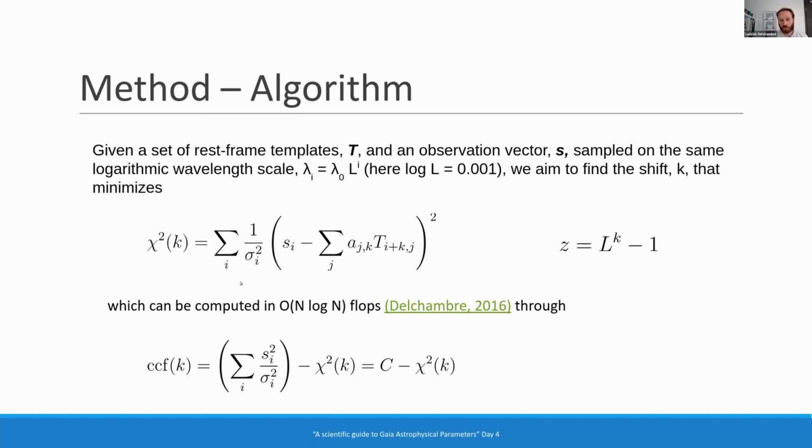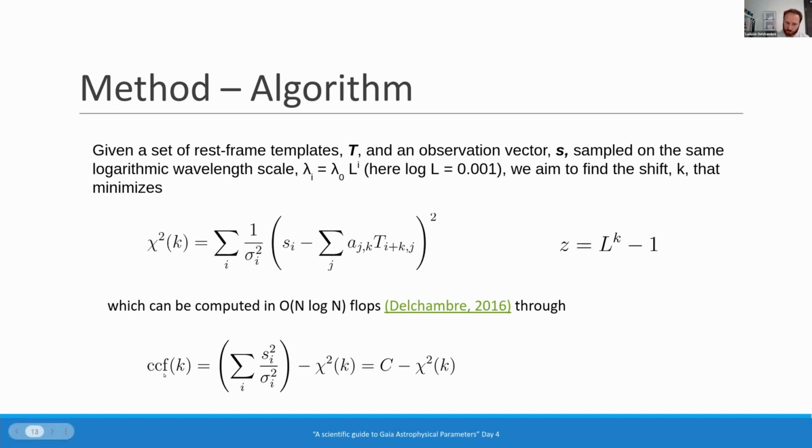Anyway, although this formula is quite simple, it's time-consuming to compute, actually. This is a cubic time complexity. We showed in this paper that we can have a simpler computation using what we call the cross-correlation function, that is basically only a constant minus this chi-square.